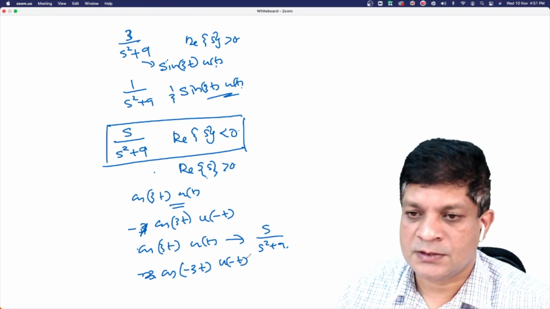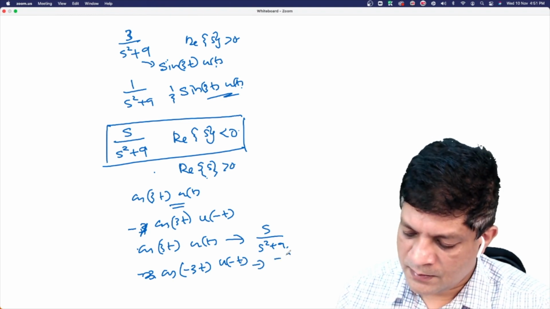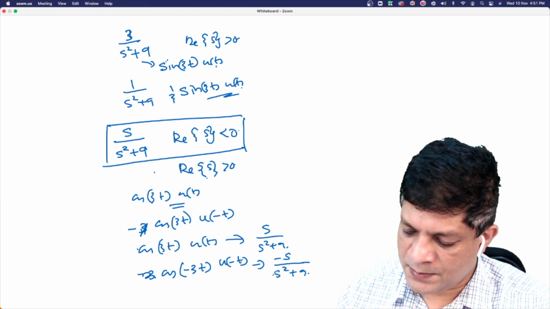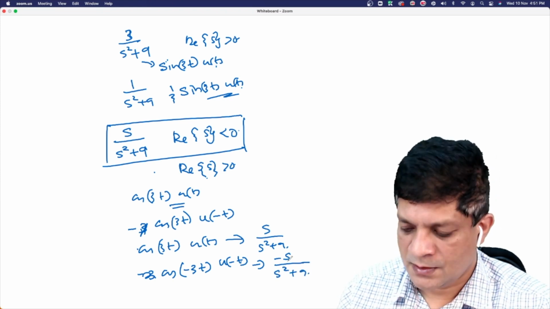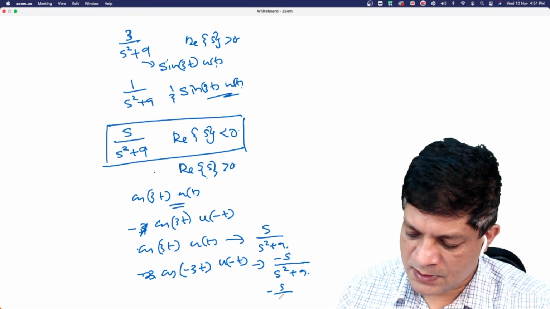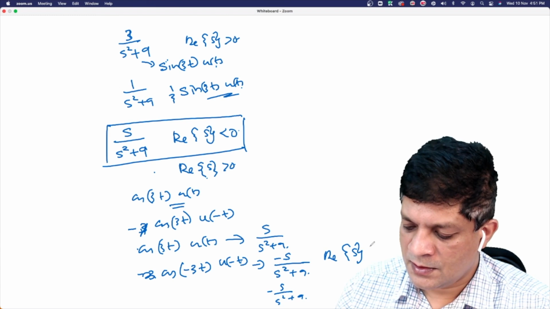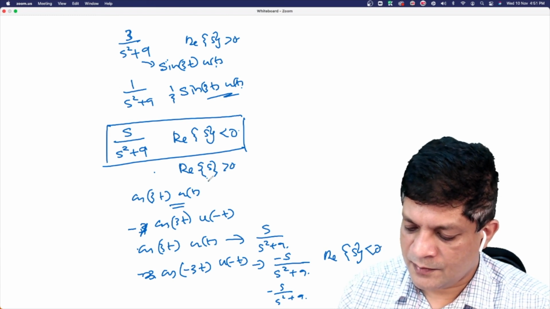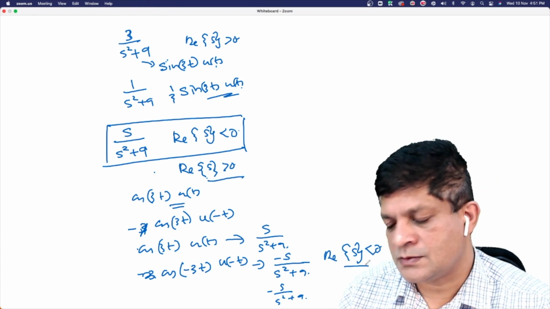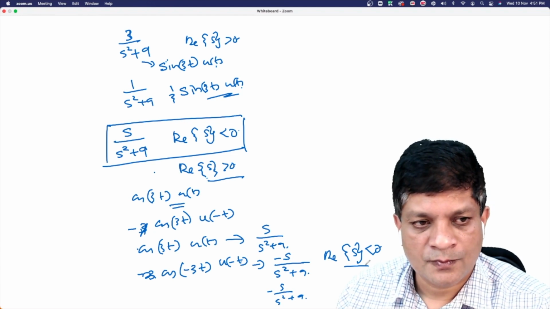That is, replace t with minus t, you will get minus s by s square plus 9, isn't it? Replace s with minus s. So this is minus s by s square plus 9. ROC is real part of s less than 0, because this is greater than 0, this is less than 0.